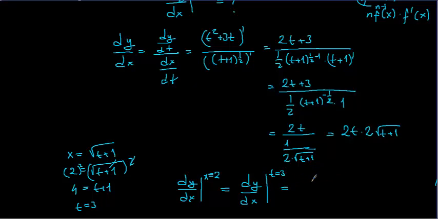This means here the function is 2 times 3 plus 3, times 2 times root of 3 plus 1, which is equal to 9 times 2 times 2, which is equal to 4 times 3, 12, 12 times root of 4, 12 times 2, which is equal to 24.